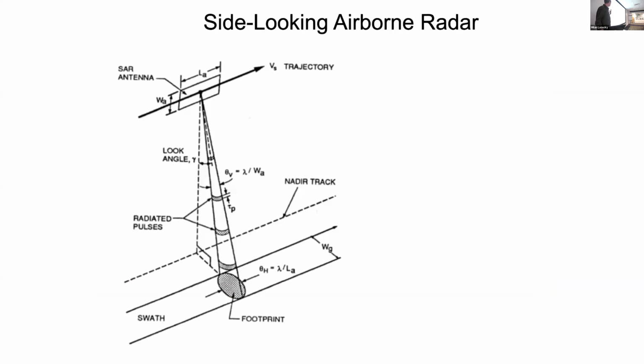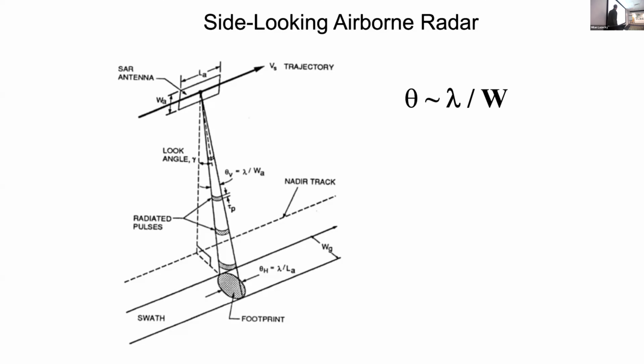Now, there's a bit of a problem when we're using radar wavelength. And that's to do with the kind of resolution you can get and how well you can focus your image. So here's our viewing geometry for a SAR antenna. If you send a pulse out from an antenna that's W wide here and L long, then you get a footprint here, and the size of that footprint is a function of the antenna.